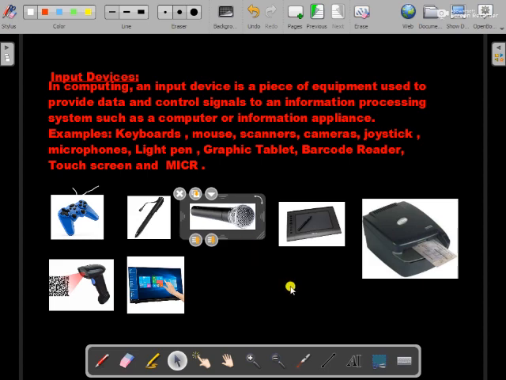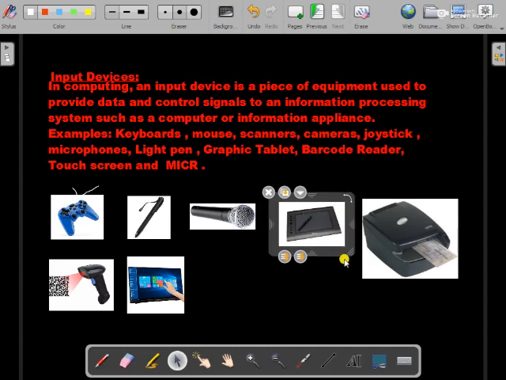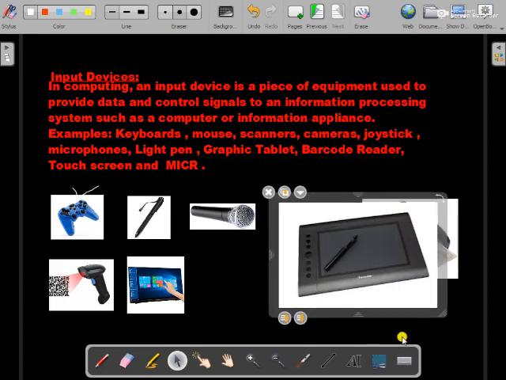Next input device is graphics tablet. A graphics tablet is an input device. It is used to draw images and pictures on the computer screen in a similar way as we draw pictures with a pencil on paper.